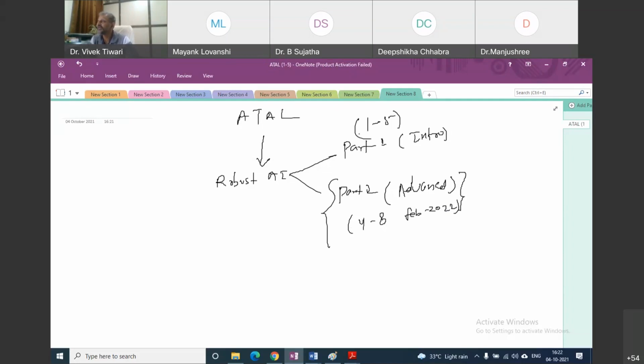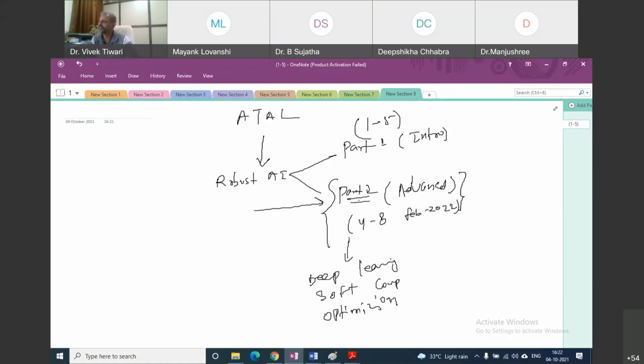It will be the advanced version of the FDP, so I will not cover any of the topics that are being covered in this FDP. Part 2 will be totally based on deep learning and soft computing. Optimization will be there as well. A small announcement: if you are really interested in more detailed discussion about AI, please register from the portal for part 2 of this FDP.